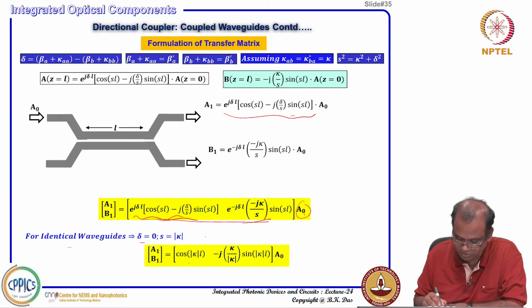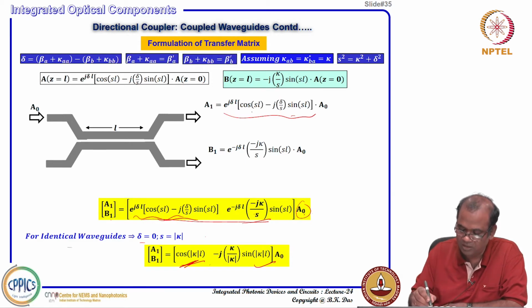If delta equals 0, then it will be cos kappa L. At any length, the value in the cross port, because delta equals 0 means this term goes away and S becomes kappa. In that case the total value will be cos square kappa L plus, with kappa cancelled by the complex conjugate, sin square kappa L. So that should be equal to 1.